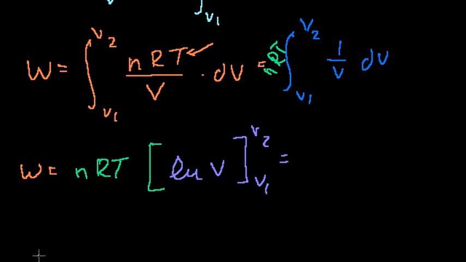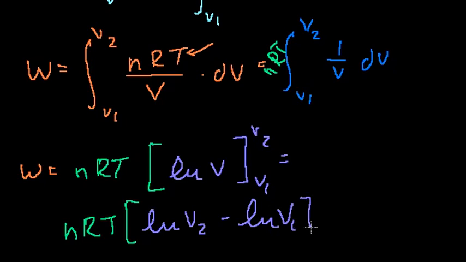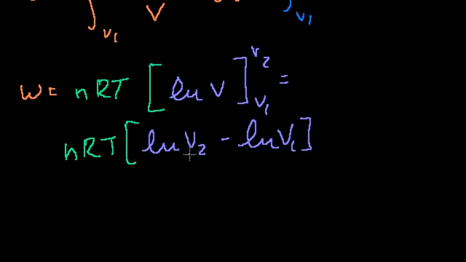So that is equal to nRT times, evaluated at V2, so natural log of V2 minus the natural log of V1. Now we know from logarithm properties that this is the same thing as nRT times the natural log of V2 over V1.